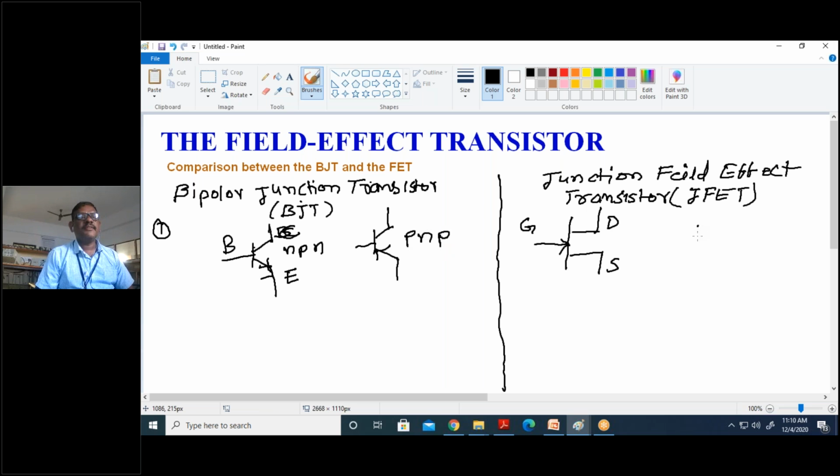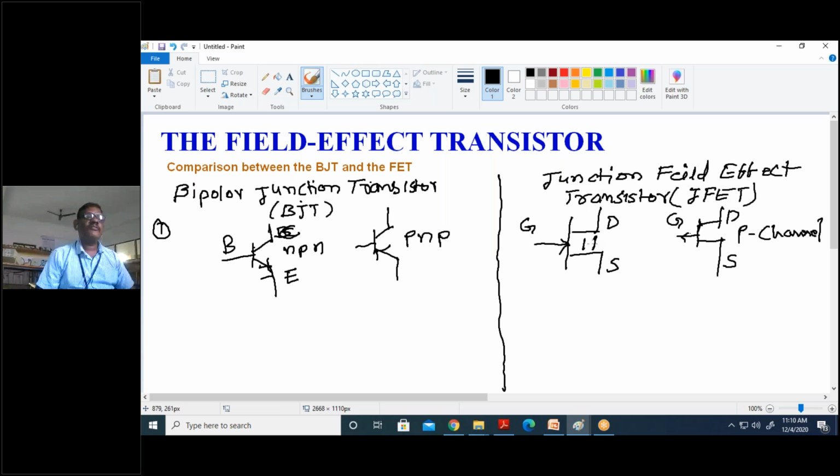So in JFET, the arrow mark outside is called P channel: source, drain, gate. Here the substrate material is P-type material.